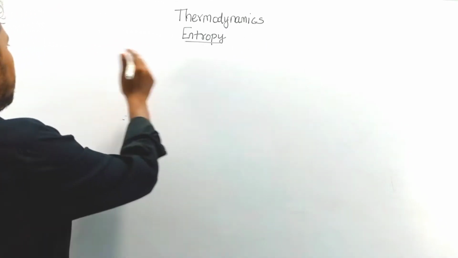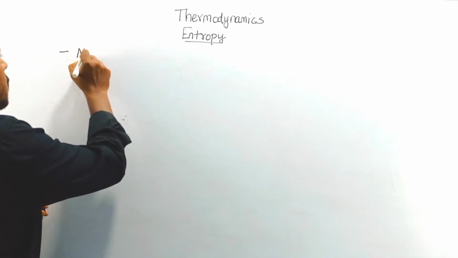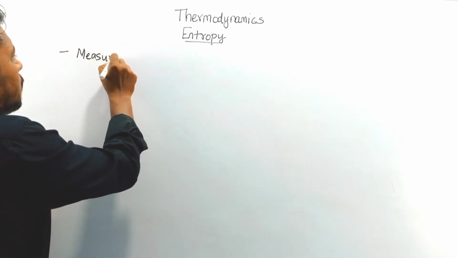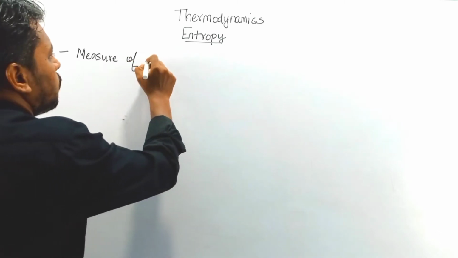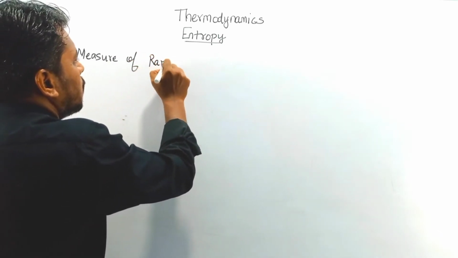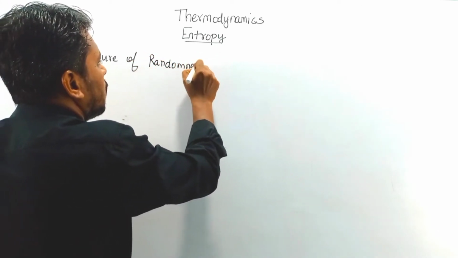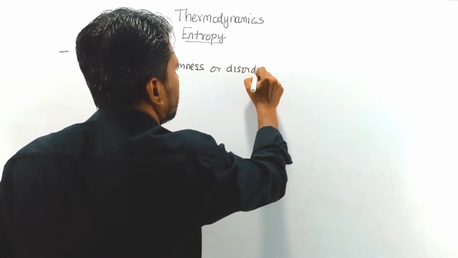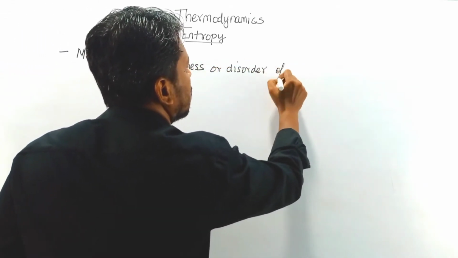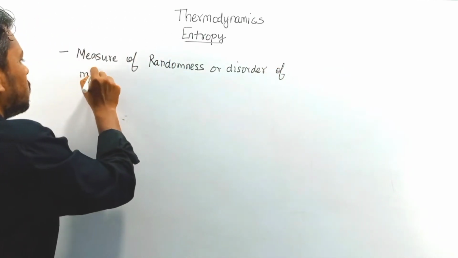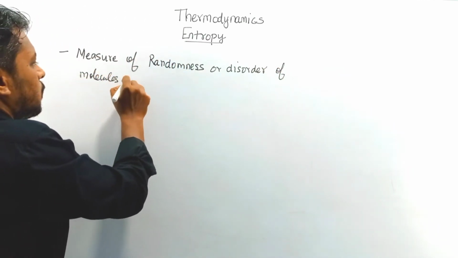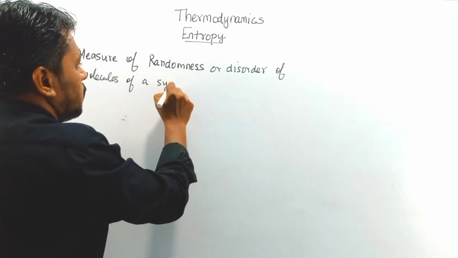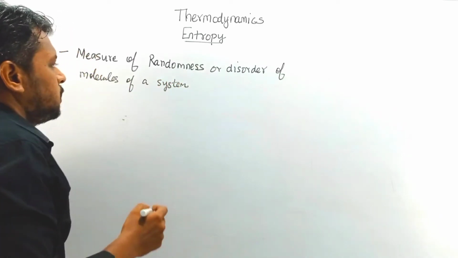So entropy is a measure of randomness or disorder of the molecules of a system.